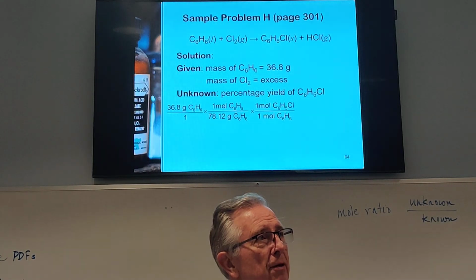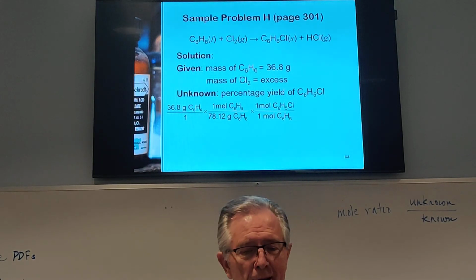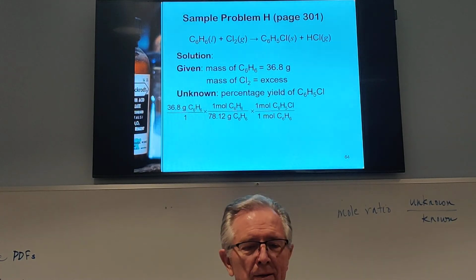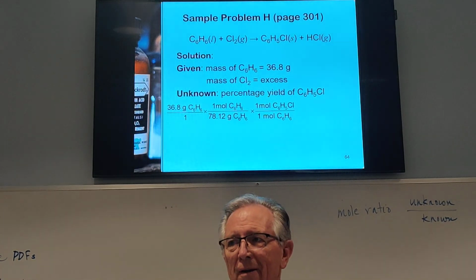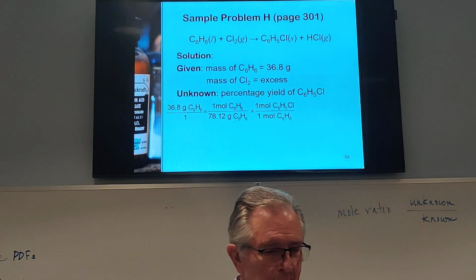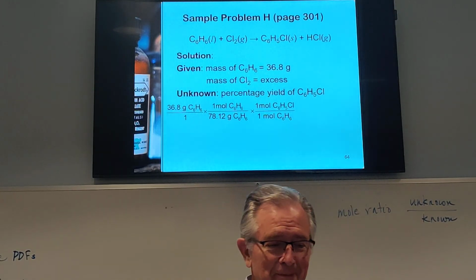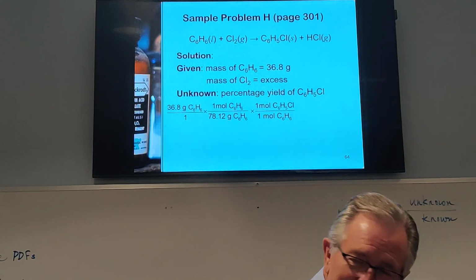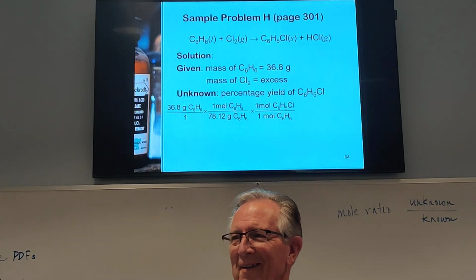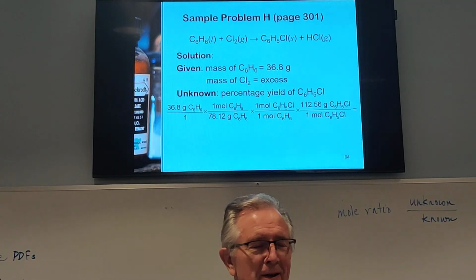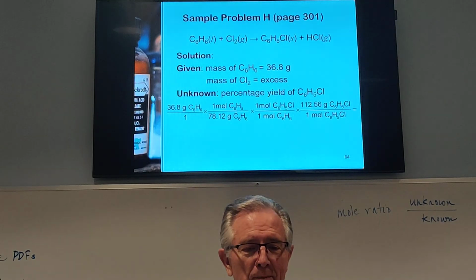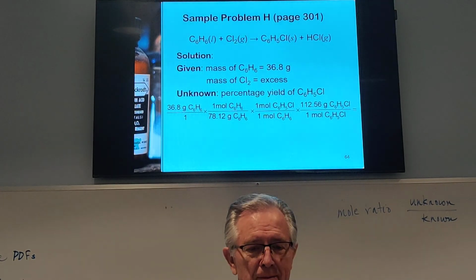Now I have to change that into grams of chlorobenzene. What's the molar mass of chlorobenzene? Well, 6 carbons plus 5 hydrogens plus 1 chlorine gives me what? So I get 112.56 grams of chlorobenzene.